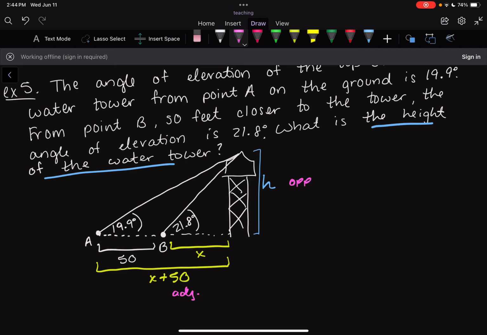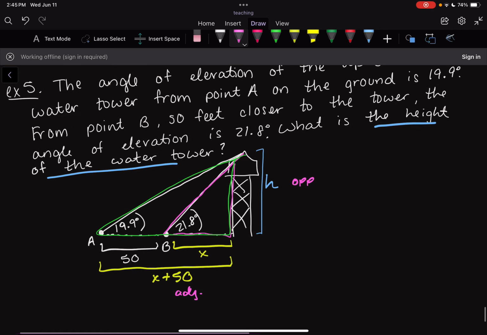I also have two triangles going on. I have this smaller triangle inside of here, right? And then I also have this bigger triangle out here. So I have two triangles happening here. I'm going to write an equation for my smaller triangle.